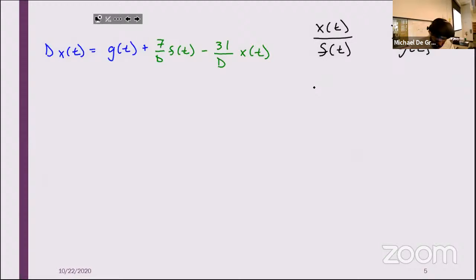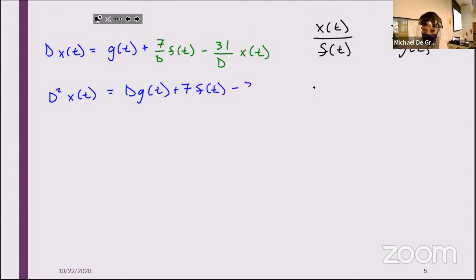So I'm going to multiply through by d, and I'll get d squared x of t is equal to d g of t plus 7 f of t minus 31 x of t.